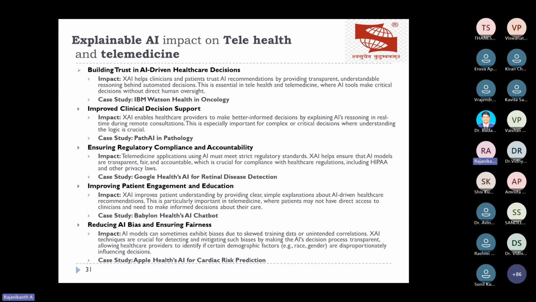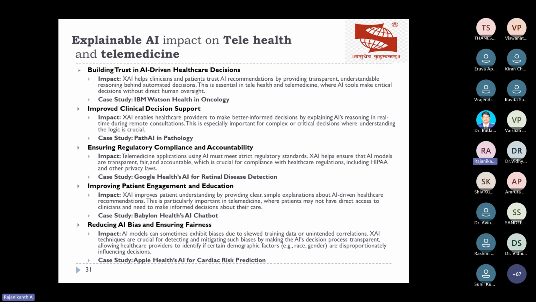It enables healthcare providers to make better informed decisions by explaining AI reasoning. So far, in the earlier case studies, I was not mentioning that there is an explanation of why a certain decision is taken, or why a particular process is adopted. But here, there is reasoning, and why a particular procedure or decision is chosen is clearly mentioned.